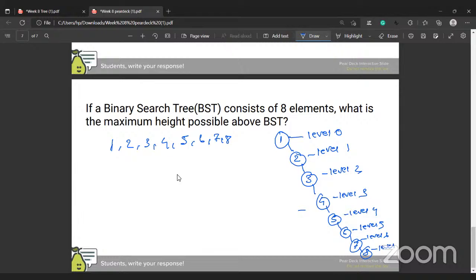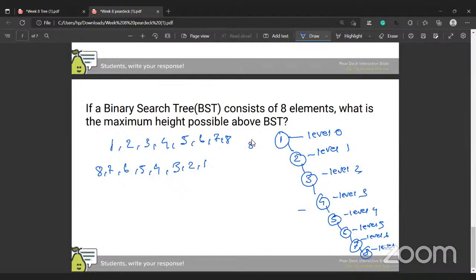If the elements are in decreasing order, let's take 8, 7, 6, 5, 4, 3, 2, 1. Let's insert one by one.